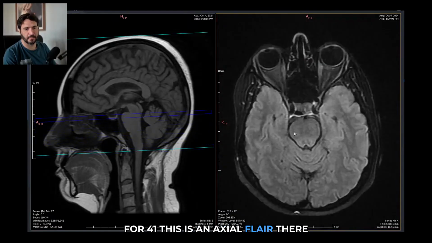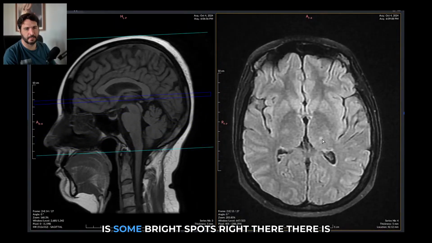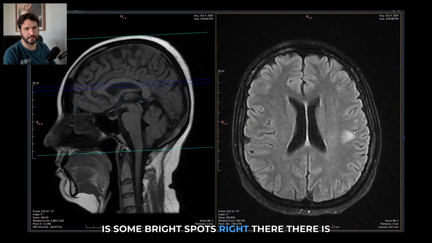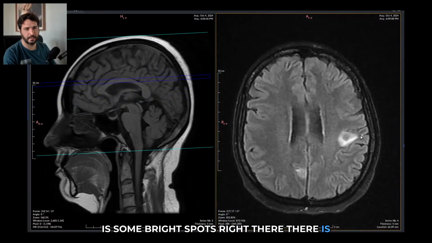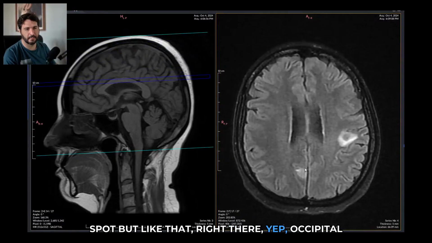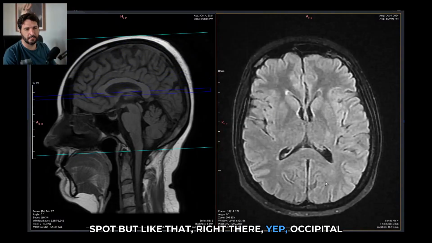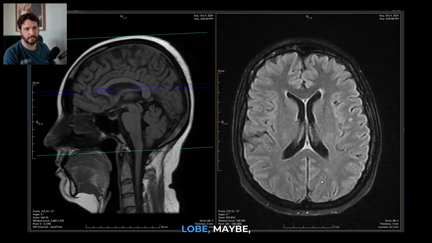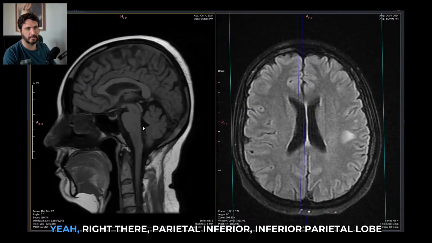This is an axial FLAIR. There are some bright spots right there. There is a large spot right there and another large spot like that. Right there. Yep. Occipital lobe, maybe.